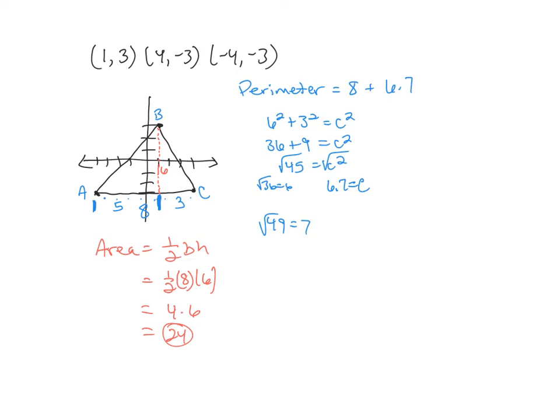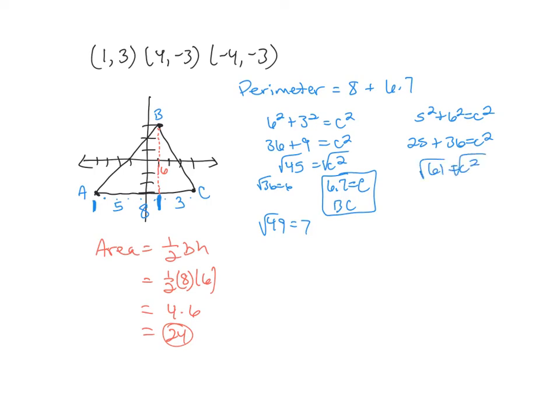Okay. On the other one, the AB part, so this is the BC length. So the AB part, I would have 5 squared plus 6 squared. So 25 plus 36 is 61.